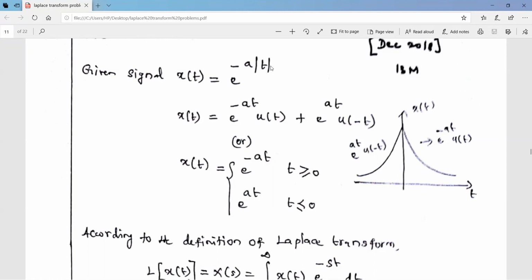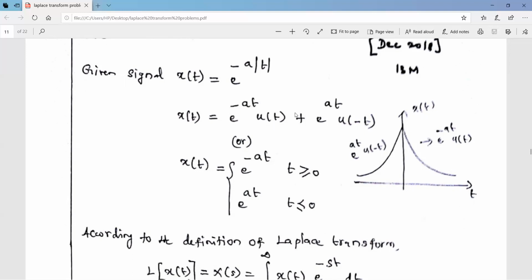First, substitute the positive value of t. If t is positive, we write e power minus at. This works as an exponentially decaying signal whenever t is positive, that is t from 0 to infinity. To indicate that t is positive, we multiply e power minus at with u of t.